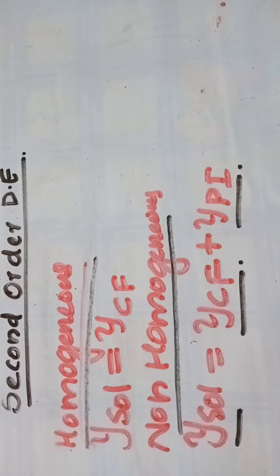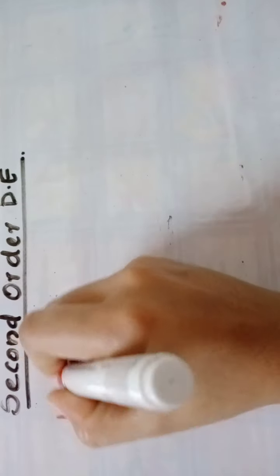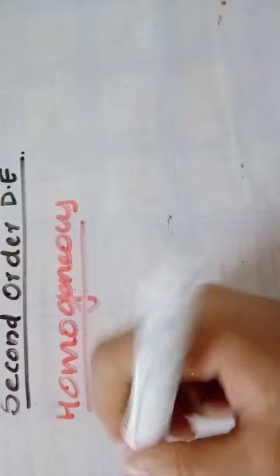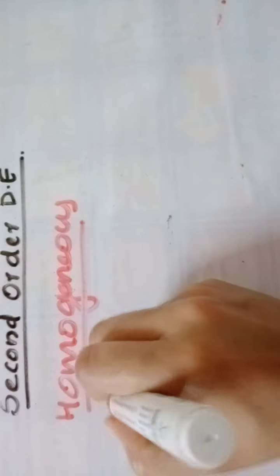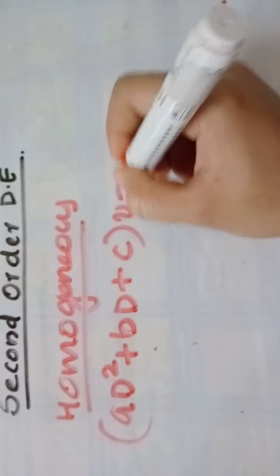So what is the condition? For a homogeneous equation, the right hand side of the equation becomes 0, that is (aD² + bD + c) y = 0.